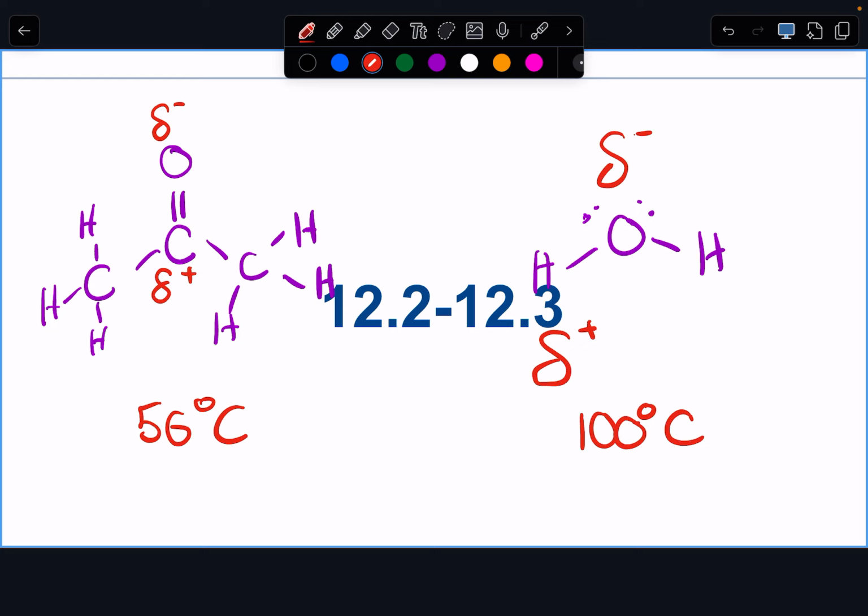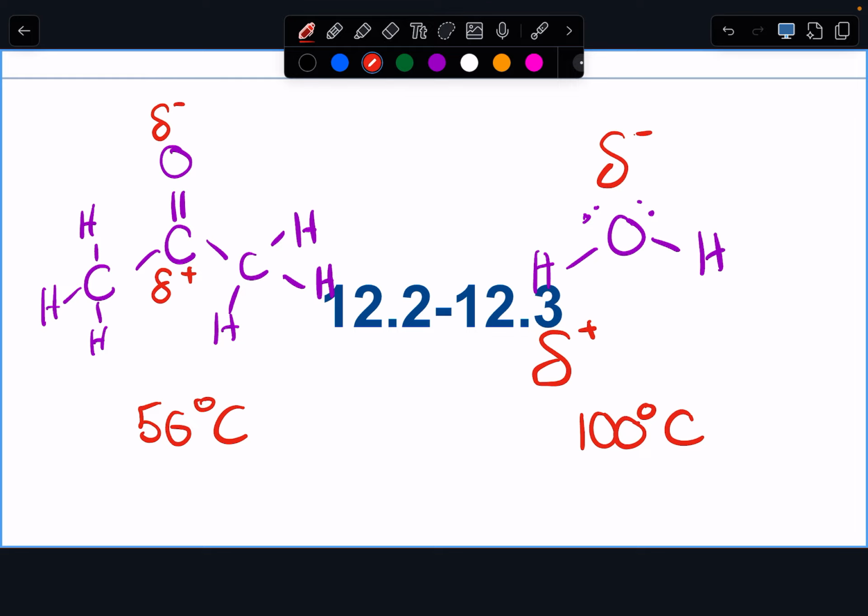So on a test, I show you the molecules, maybe I even show you the boiling points, and I say, select the correct answer that describes why acetone has a lower boiling point.